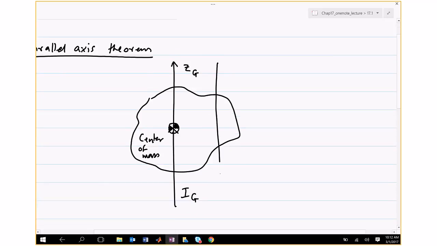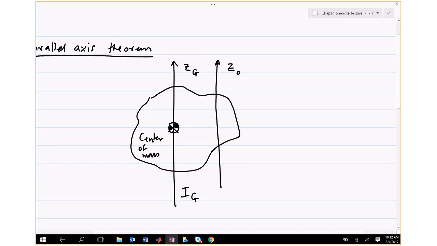And then if you want to find the inertia about another axis, which is parallel, so zg is parallel to zo.